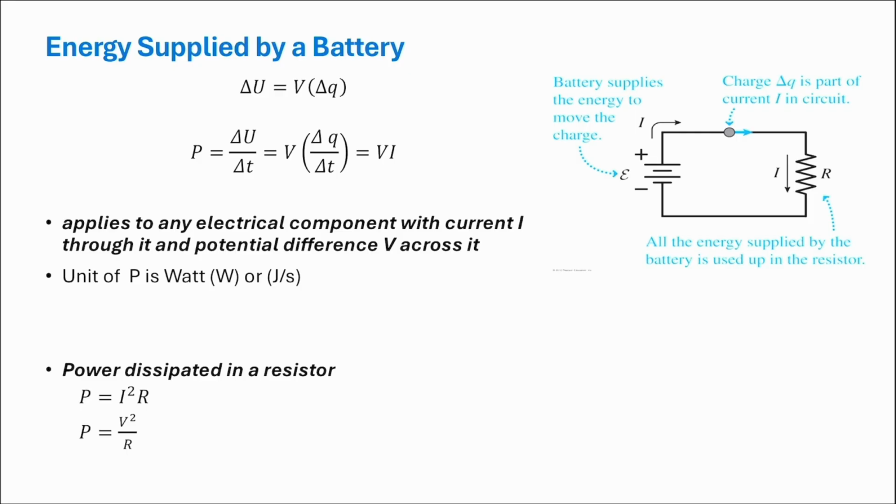From the definition of electric potential, V equals delta U over delta Q. So it means when you have charge starting from the positive and all the way through here, the amount of energy it delivers per unit charge is V. So the total energy it delivers is delta U equals V delta Q. And by definition, the power is equal to delta U over delta T. This is in joules, this is in seconds.